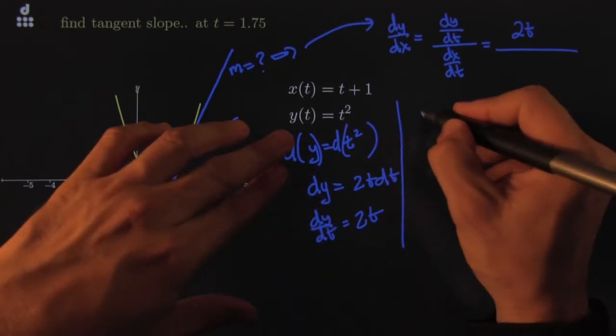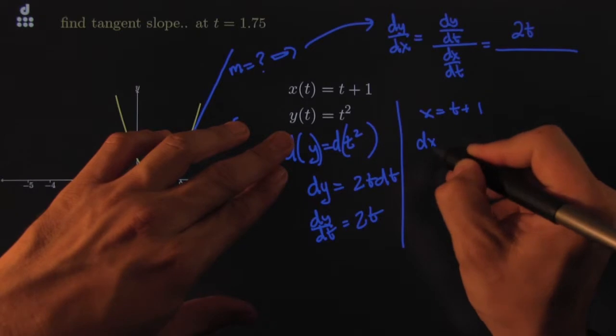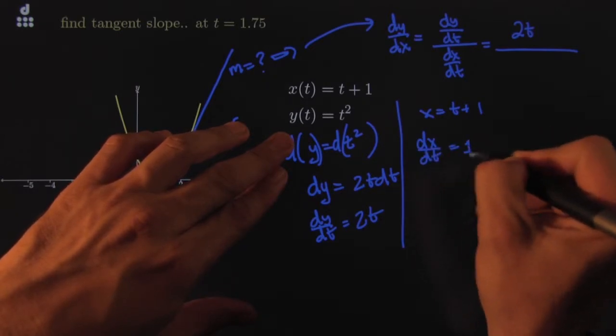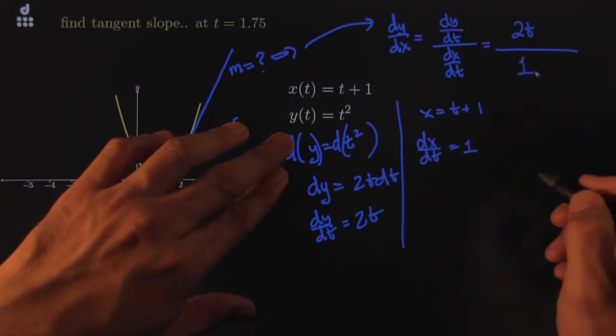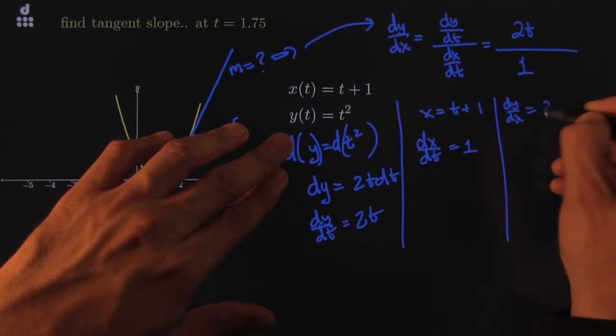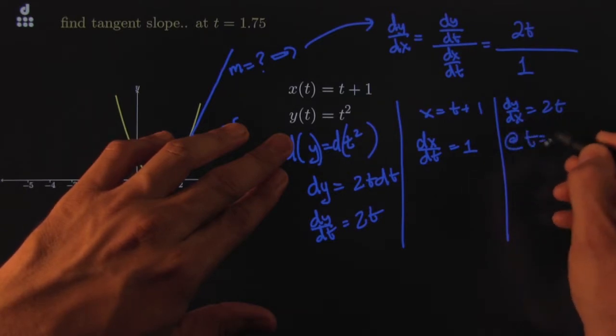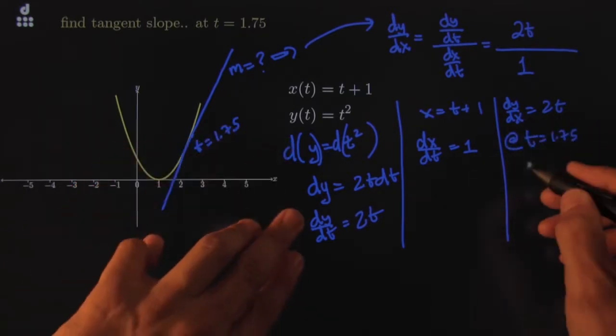Now for the dx, I have x is equal to t plus 1. Do d/dt on both sides, so dx/dt is equal to 1. Now I have that dy/dx is equal to 2t. Now I need to evaluate that at t equals 1.75.